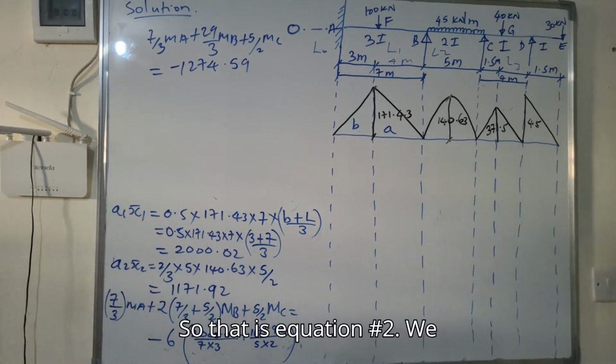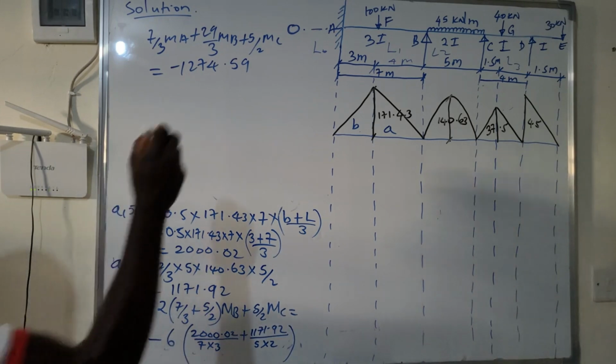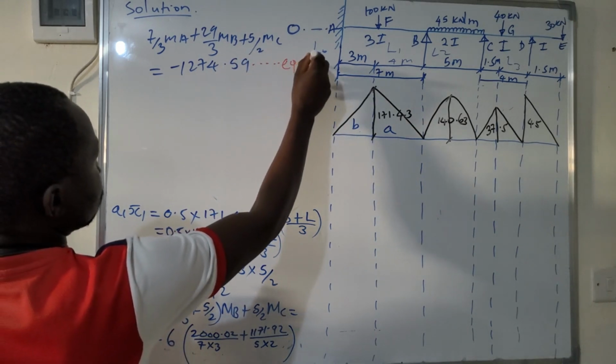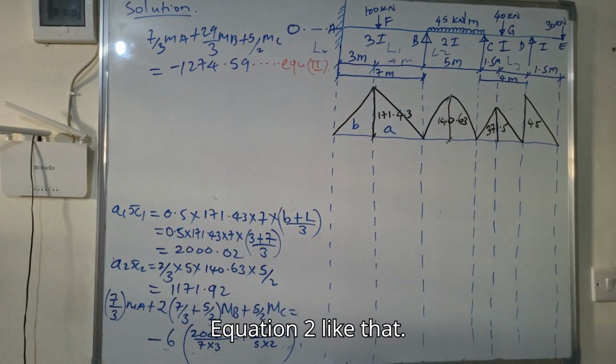So that is equation number 2. We call it equation number 2. Equation 2, like that. Then we proceed.